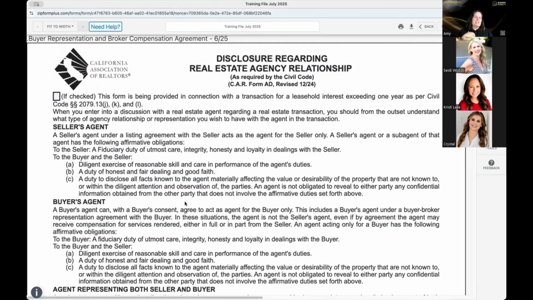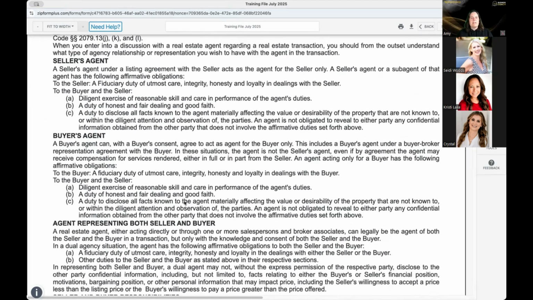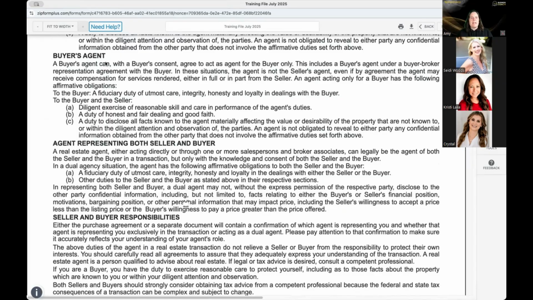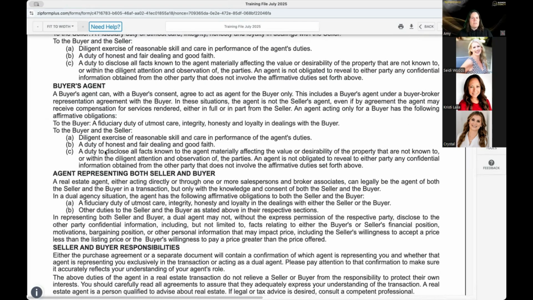in a transaction. You could have a seller's agent representing you as the seller, a buyer's agent representing you as the buyer, or an agent working and representing both the buyer and the seller.